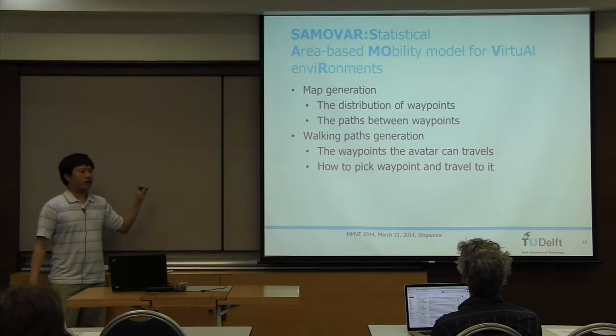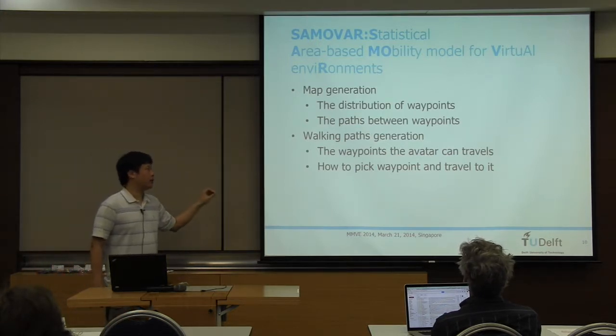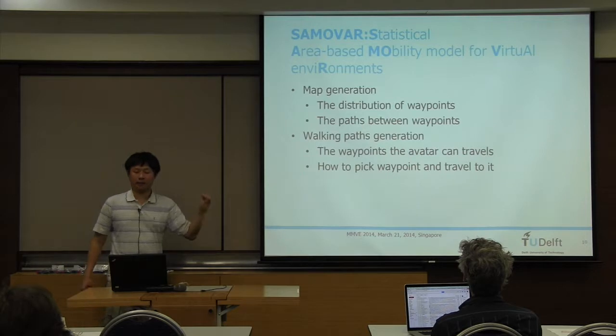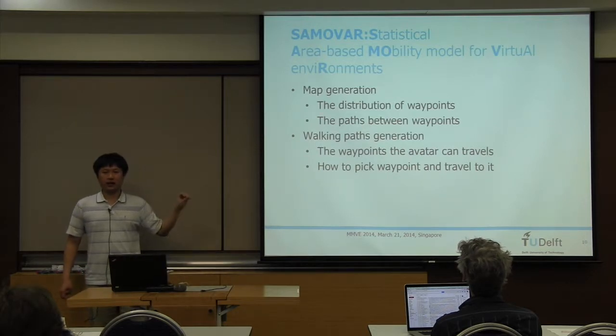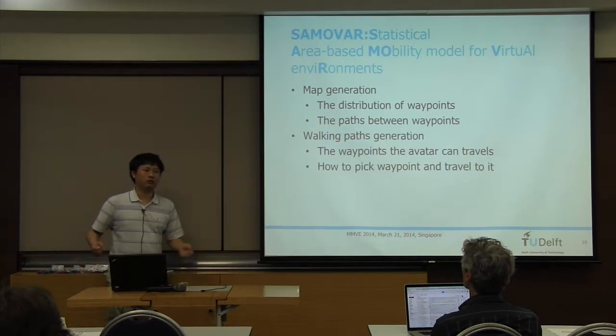And then we generate paths to connect these different waypoints. For the path generation, firstly we determine the number of waypoints an avatar can visit. Then we decide how each avatar picks which waypoint to go to and how to go there.